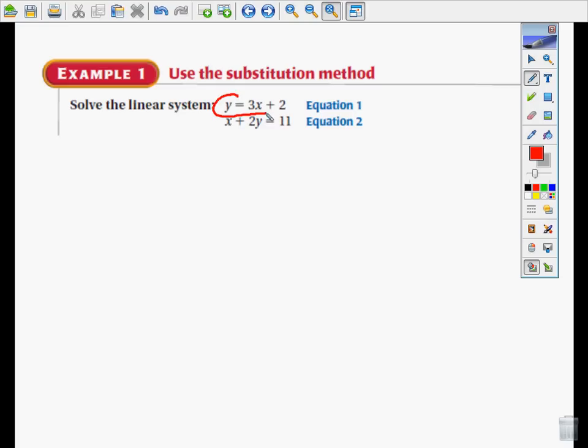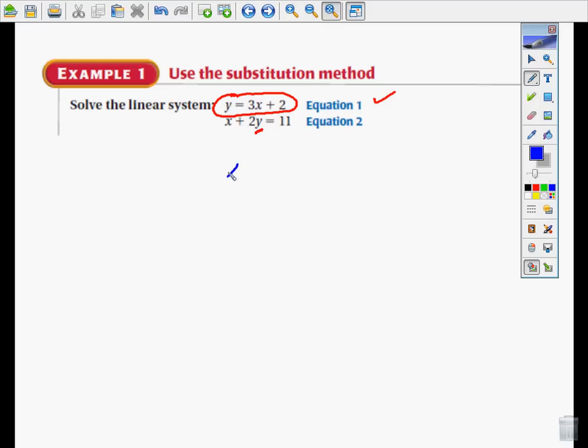And in this case, my first equation is solved for the y. So what I do is I circle that one because I know I'm going to use it. So step 1 is done. Step 2, I'm going to take this equation and I'm going to substitute it into the other equation for, in this case, the y variable.